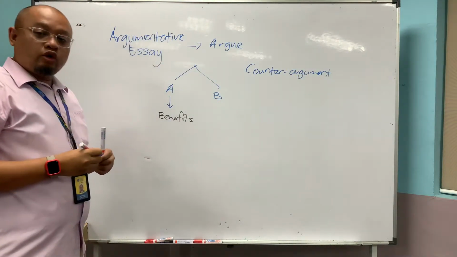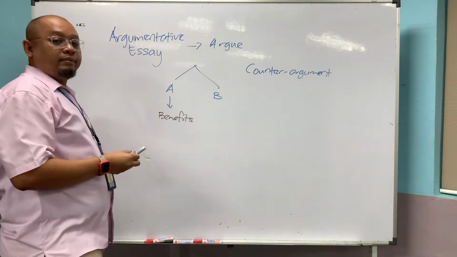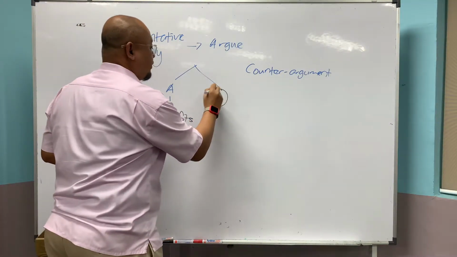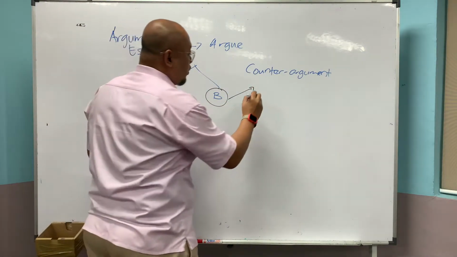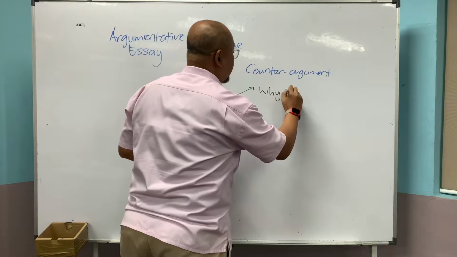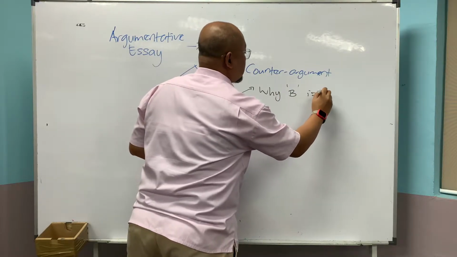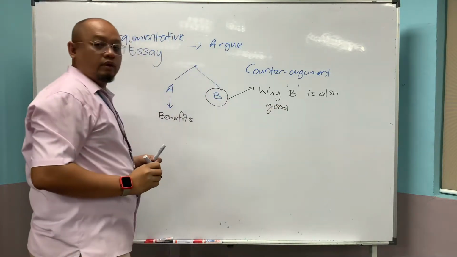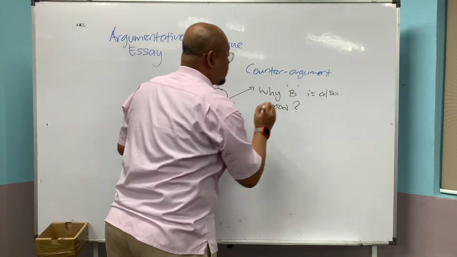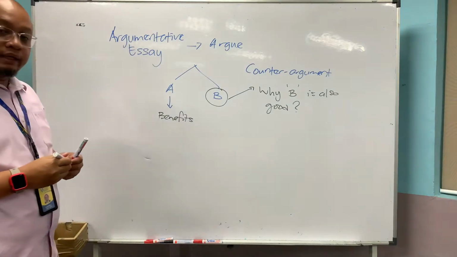In the counter argument, you are going to highlight about B. So in the counter argument, you're going to explain why B is also good. That will be the counter argument.